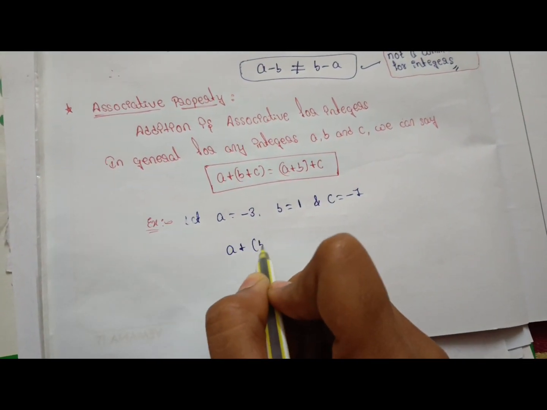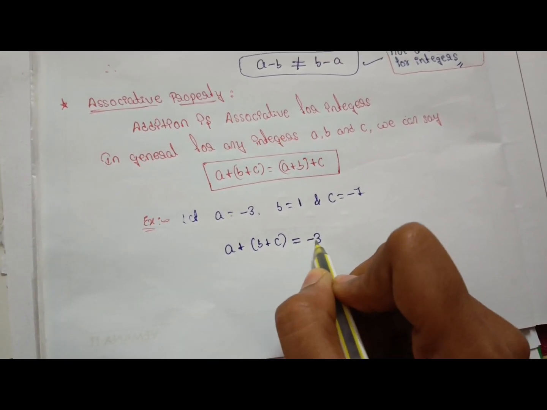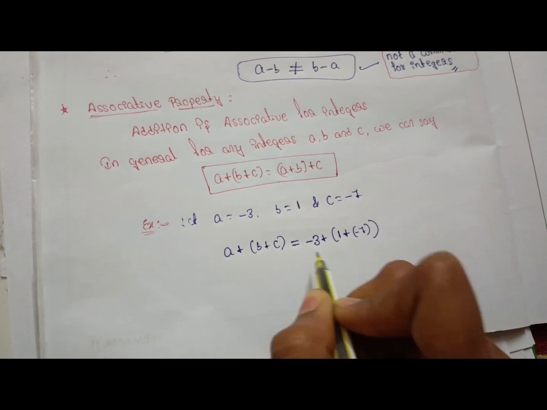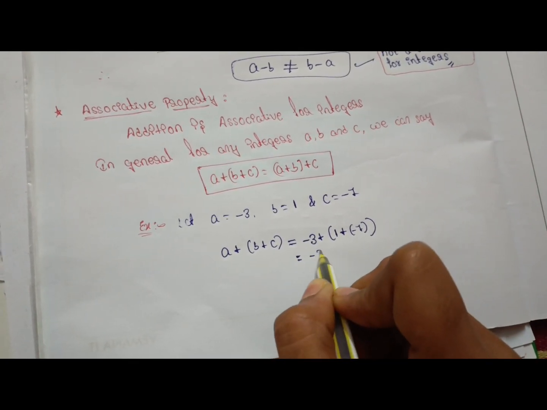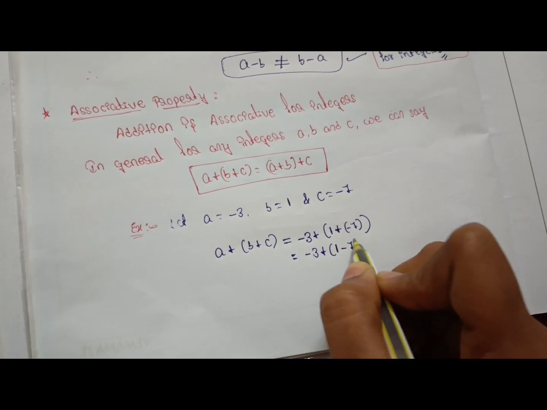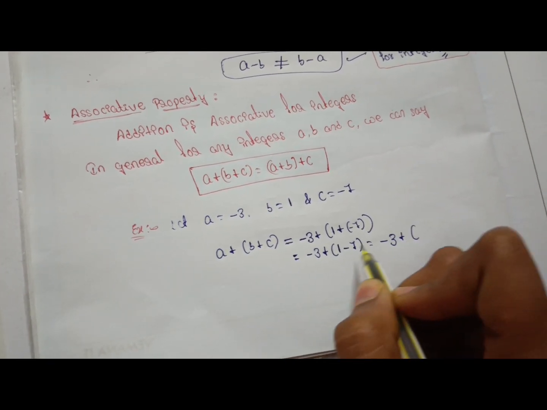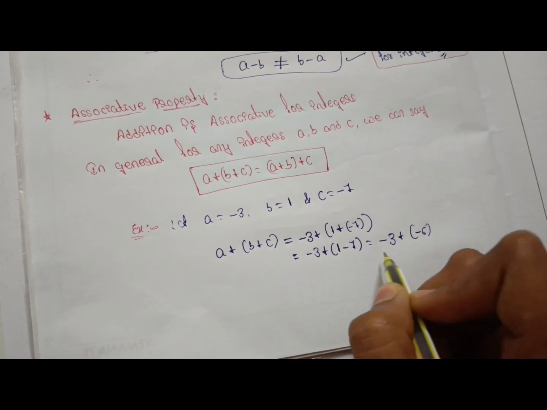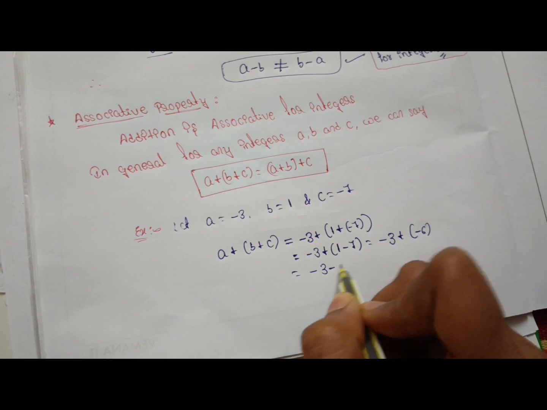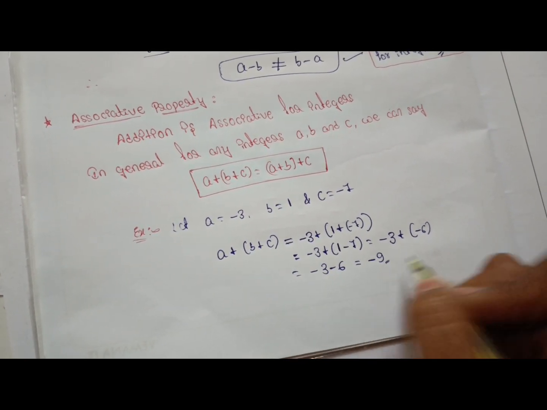A plus b plus c is equal to minus 3 plus 1 plus minus 7. This is equal to minus 3 plus 1 plus into minus 1 minus 7, which is equal to minus 3 plus 1 minus 7, minus 6. This is equal to minus 3 plus into minus, minus 6. This is equal to minus 3 minus 6, minus 9.